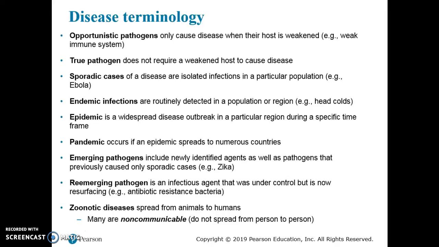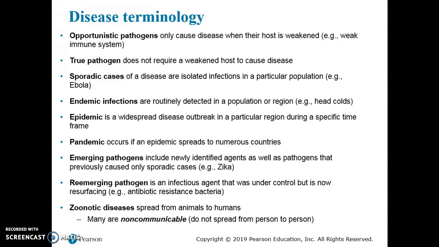All right, if a pathogen is opportunistic, it's only going to cause disease when the host is weakened. So if a person is completely healthy and immunocompetent, meaning their immune system is working properly, then they're not going to get sick. Let's stick with fungal organisms.